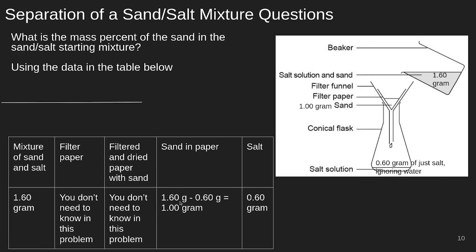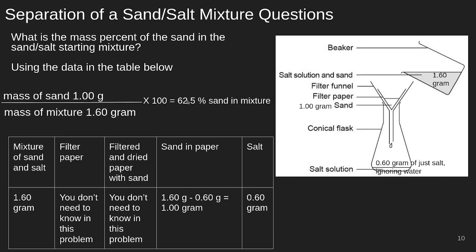The sand in the paper is 1.6 minus 0.6 because the salt was 0.6. So that's going to give us 1 gram of sand. Problem's asking us for the percent of sand by mass. So we have 1 gram of sand divided by 1.6 grams of the mixture times 100 equals 62.5.